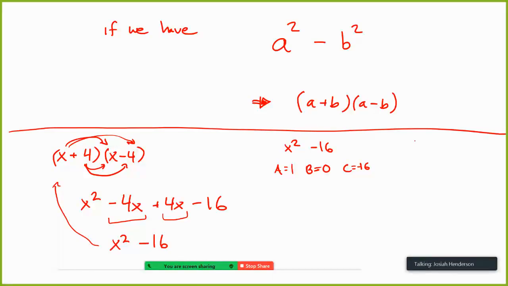So if you make your lists, we need numbers that multiply to negative 16 and add to b, which is 0. Since our c this time is negative 16, one of our numbers is negative as well. So it's like 1 plus negative 16, or negative 1 plus 16. You have to check them all. And the only one that'll work is 4 and negative 4. That's the only set that makes 0 when you add them together.